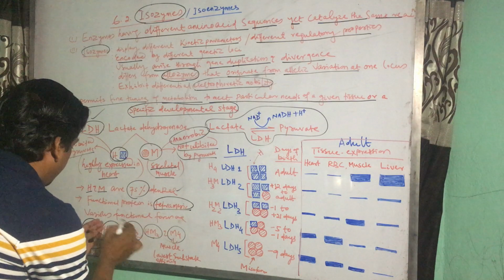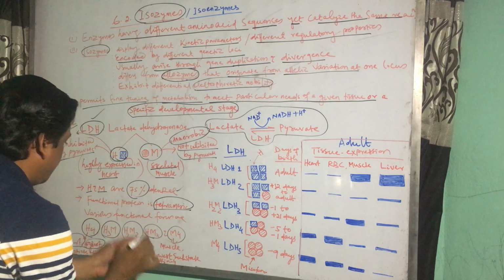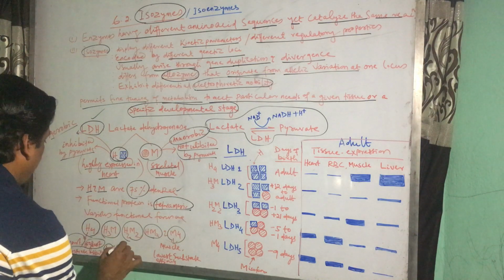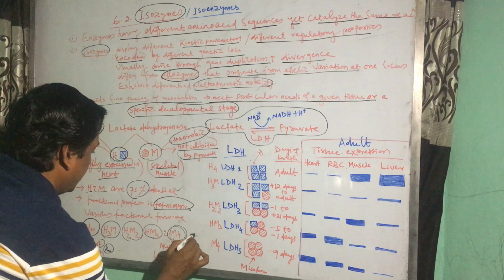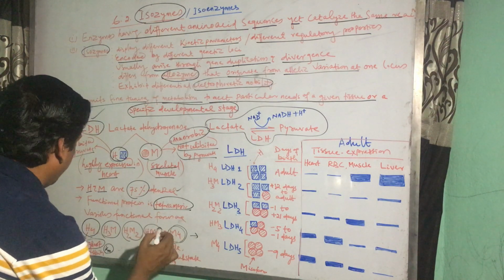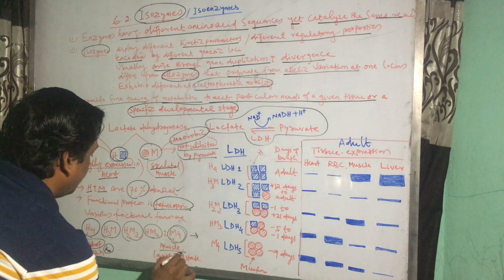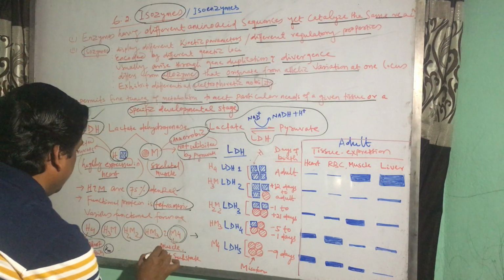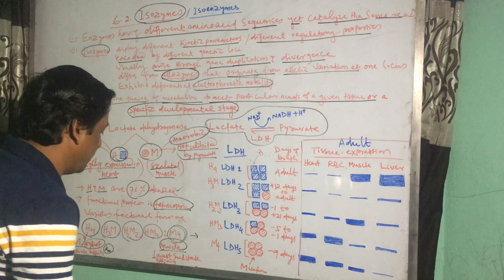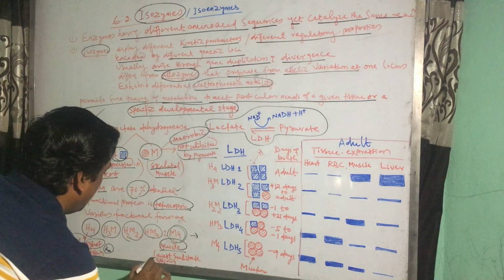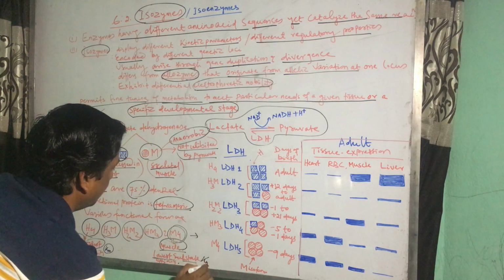When the number of H type peptides decreases and M type peptides increase, finally when all of the peptides are M type, it becomes the muscle isoform, the isoform which is found in muscle, and it has the lowest substrate affinity, indicated by a higher Km value.